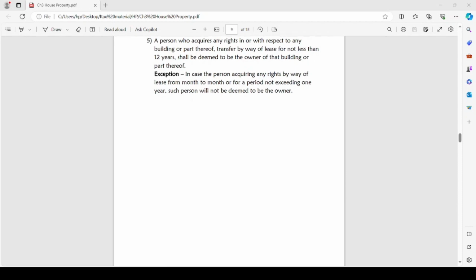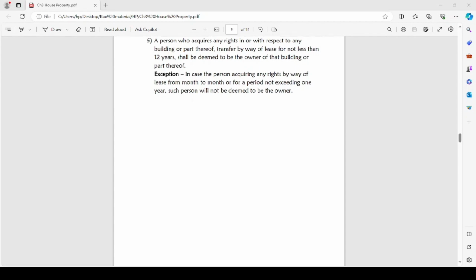Here, there is a person who has acquired rights of a building or part thereof by way of lease, and that lease has been continuing for a period not less than 12 years. In such a case, that person shall be the deemed owner of the property. If the period has exceeded 12 years, he shall be the deemed owner of the property.